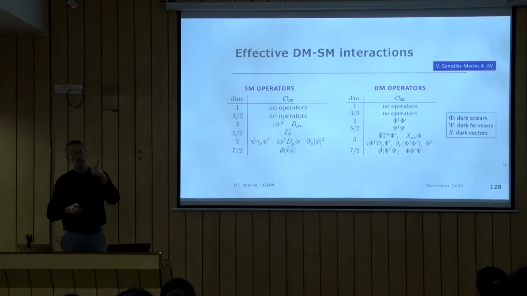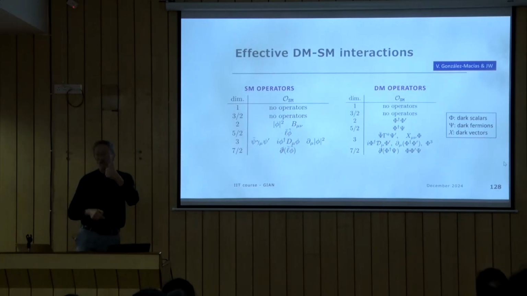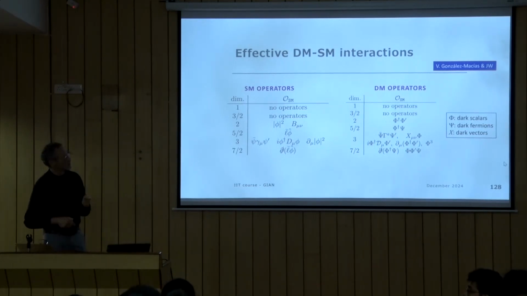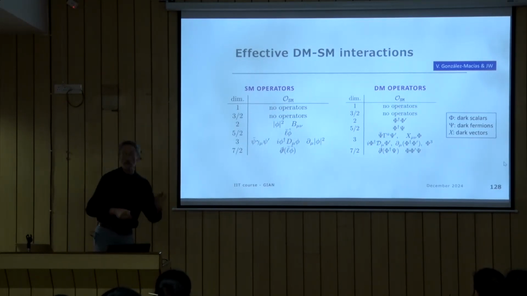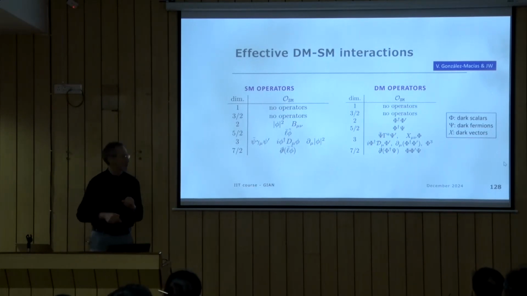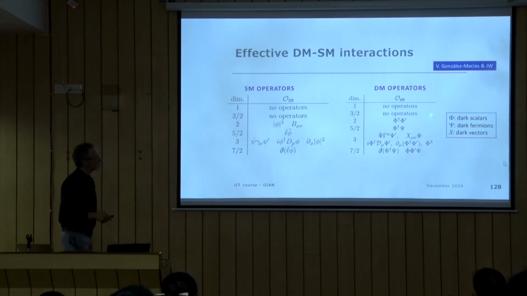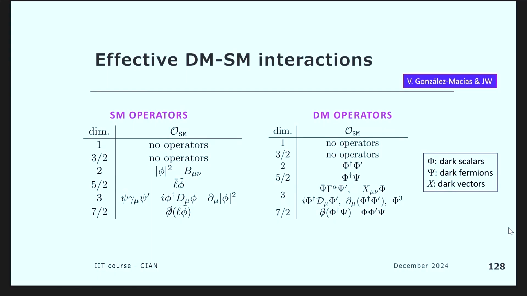A single field isn't. So dimension 1 operators would be one scalar field, one vector field. They're not. Dimension 3/2 is one fermion field, and it doesn't appear because of my assumption, they're necessarily non-singlets under the dark symmetry. Dimension 2 are these, dimension 5/2 are these, possible dimension 3 is this mass, dimension 7/2 are these, and so you can go on listing these. I will stop with this.